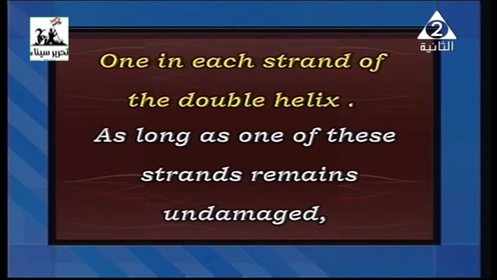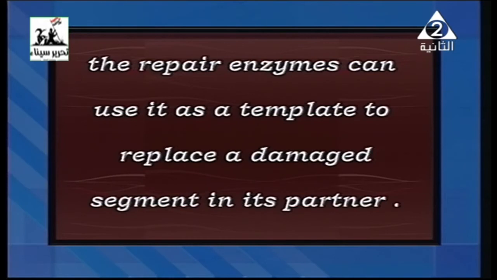If one of the strands is still fixed, with no damage, the repair enzymes can use it as a template, a complementary site, to fill in the missing nucleotides and replace the damaged segment in its partner on the other side.